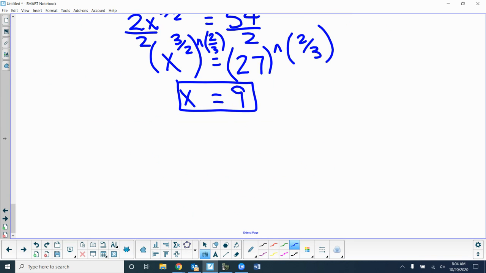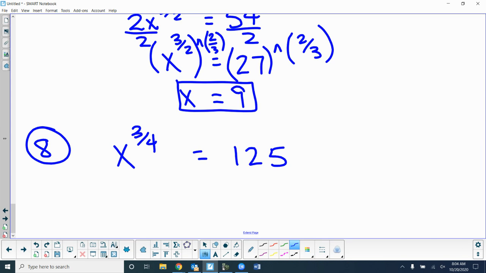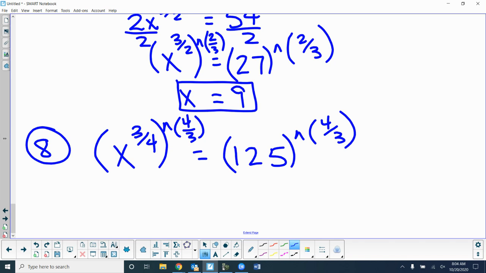Okay, the last one, I made it even easier for you. Oh, it's already got the x by itself. So all you got to do is raise it to the 4/3 power. Again, it started out as an odd, so I don't have to worry about my plus or minus symbol.